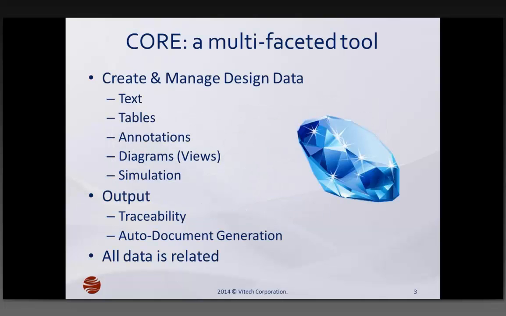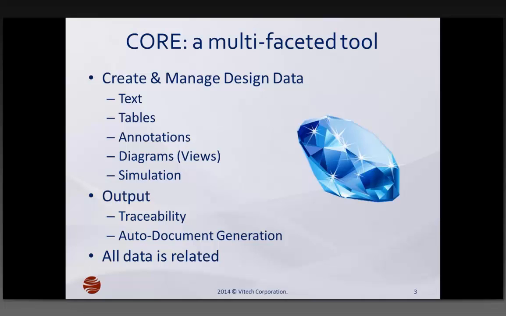CORE is a multifaceted tool. It allows systems engineers to manage all of the systems engineering types of artifacts that we need to handle in our day-to-day work. It allows us to create and manage design data in a number of different formats. Textually, tabularly, it allows us to annotate or attribute information to our designs.